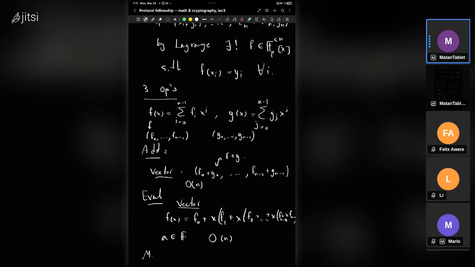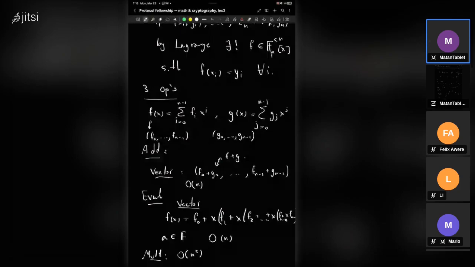But multiplication of f and g, it takes me O of n squared. I don't want to spend time to write the formula again, but if you look at the formula, it's very easy to see that it's n squared complexity. Now, when I say complexity, I really mean, for simplicity, the number of field operations, either addition or multiplication.